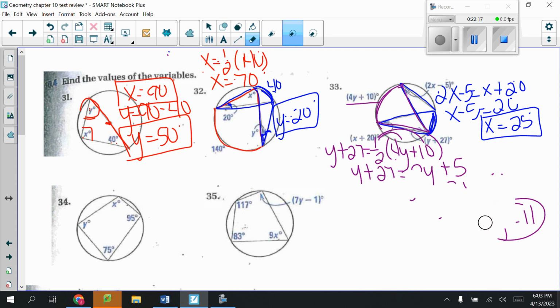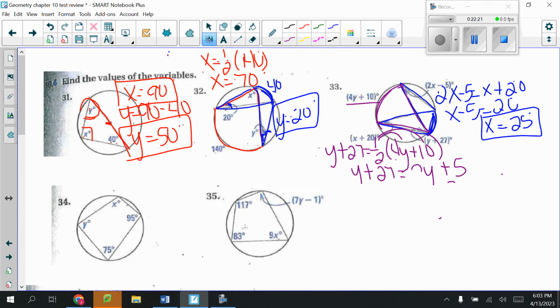So sorry, guys. My mind is somewhere else right now. I apologize. Let's try that again. So at this stage, when I move this y over, I get 27 equals 1y, so just y plus 5. So now subtract 5, and I get that y is just 22.